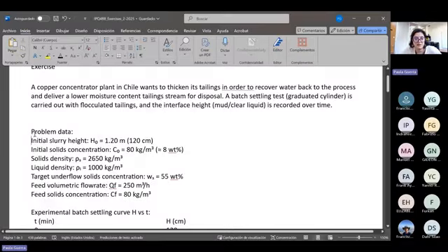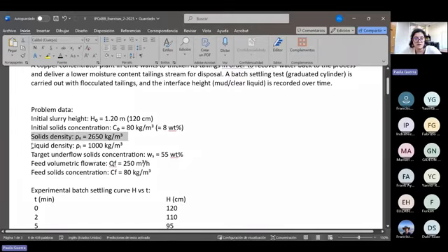So here is some problem data: the initial slurry height, the initial solids concentration, the solids density, the liquid density, so you can infer that that's water, and the target underflow solids concentration.